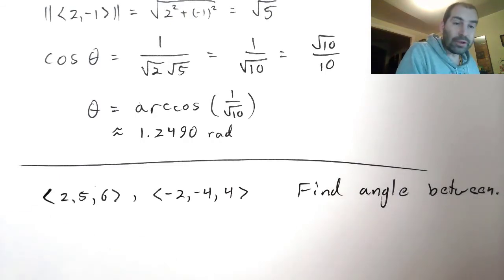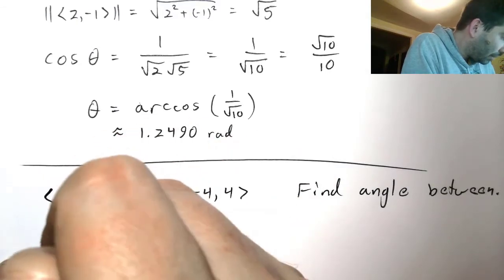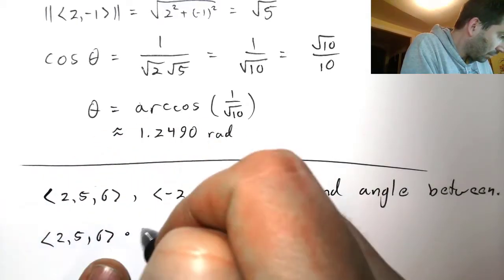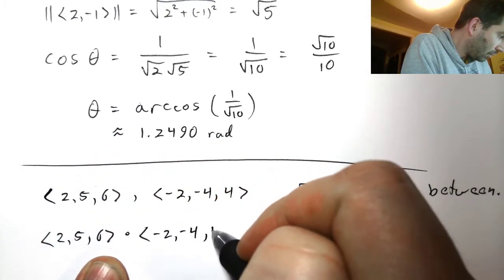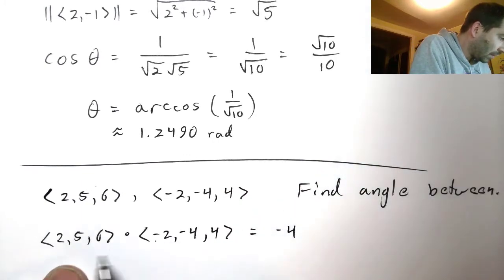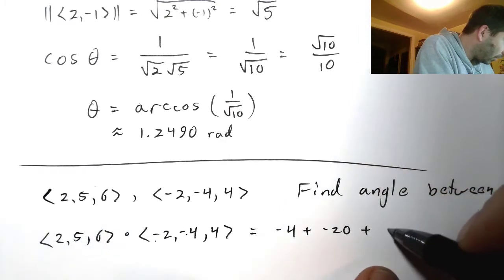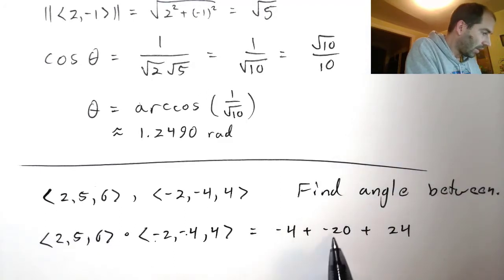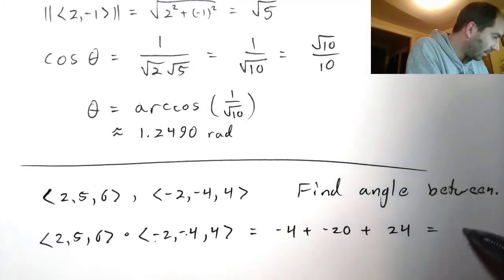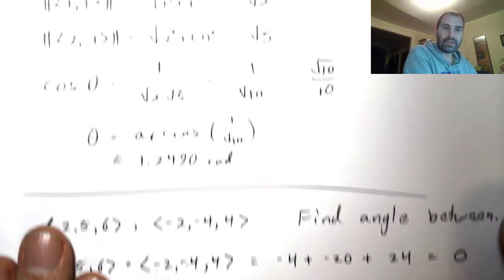Well, first thing we did is we found the dot product. Okay, let's find the dot product. 2 times negative 2 plus 5 times negative 4 plus 6 times 4. Okay, add these together, I get 0. Well, wait a minute. Let's look at this.